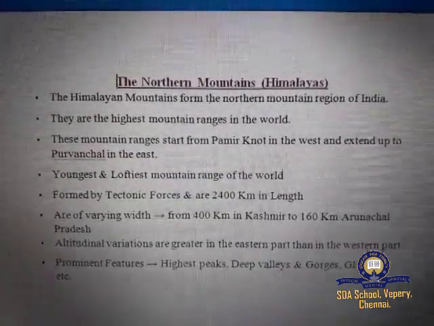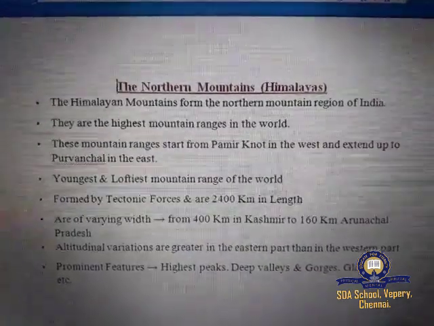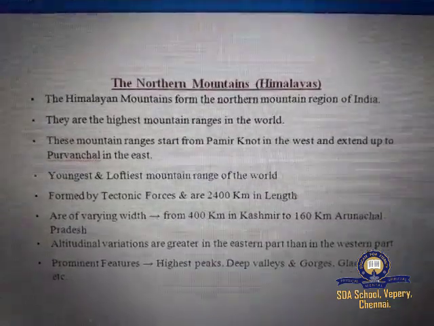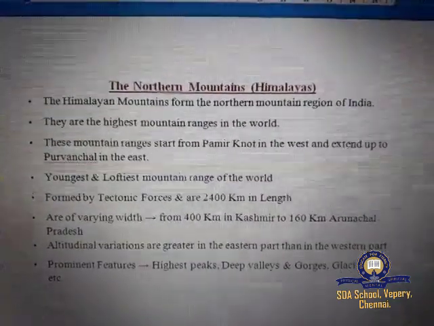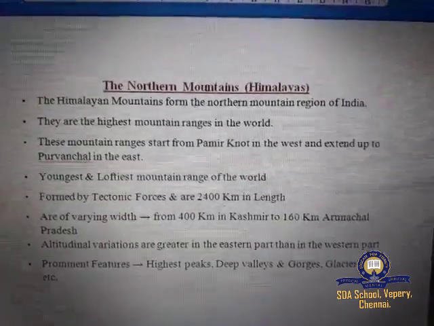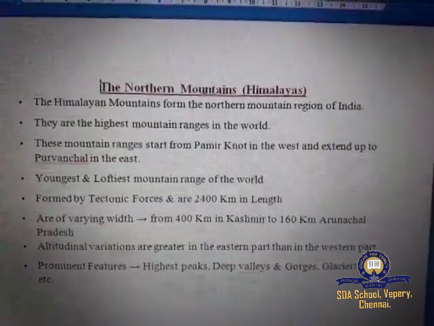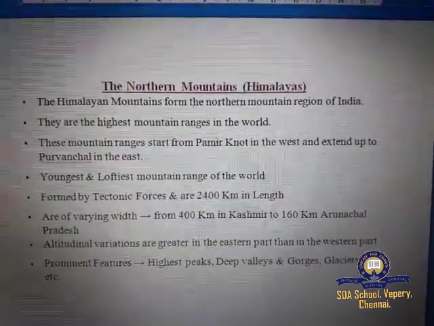They stretch for a distance of 2500 km from the Indus Gorge in the west to the Brahmaputra Gorge in the east. The width of the northern mountains varies from 500 km in Kashmir to 200 km in Arunachal Pradesh.